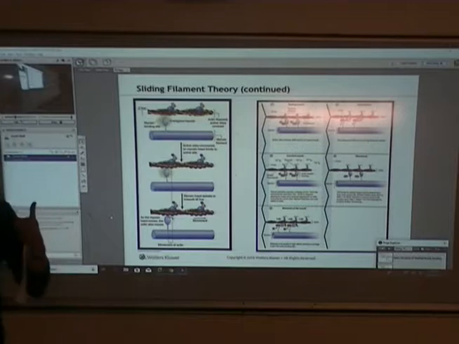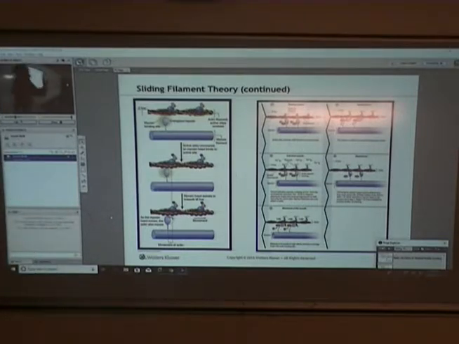So, good on sliding filament theory? Okay, so we're going to move on to proprioception.